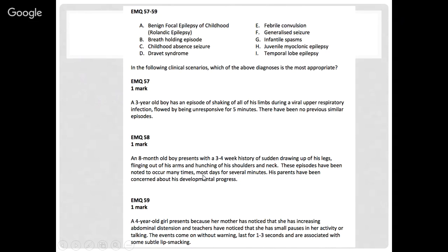I've got a slide coming up later, but it's basically this stereotyped drawing up of legs, flinging out of the arms, and hunching of the shoulder and neck. Repeated episodes that happen in very young children over and over, and they are associated with developmental progress concerns. They're really bad. They're called West syndrome as well, or Salaam episodes, because apparently it looks like a Muslim person saying hi.